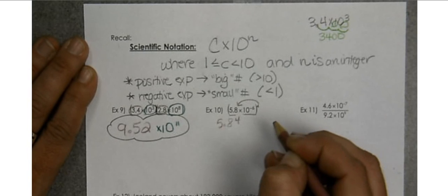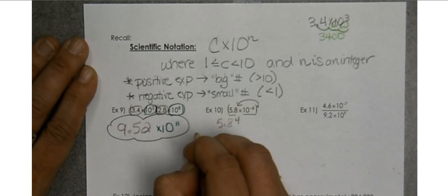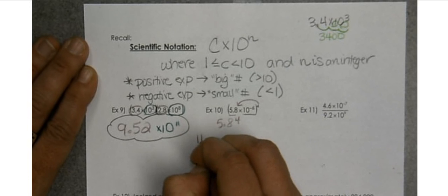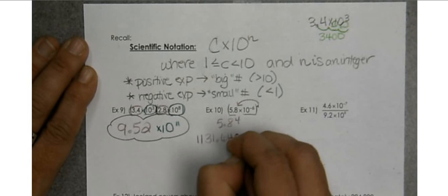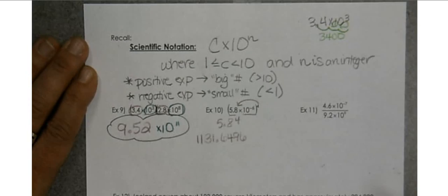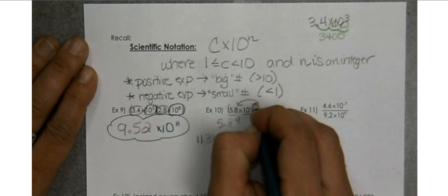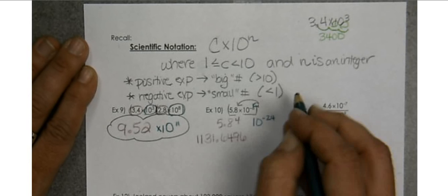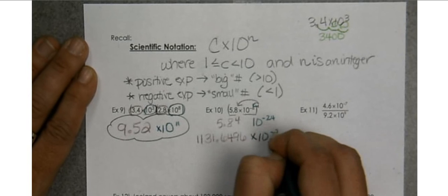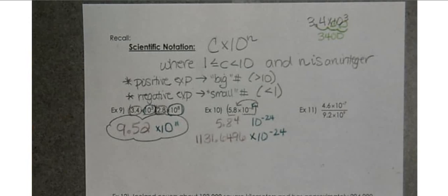If I take 5.8 to the 4th power, you would have 1,131.6496. And then if I take 10 to the negative 6 to the 4th, remember that that's like multiplying exponents. So that would be like times 10 to the negative 24.